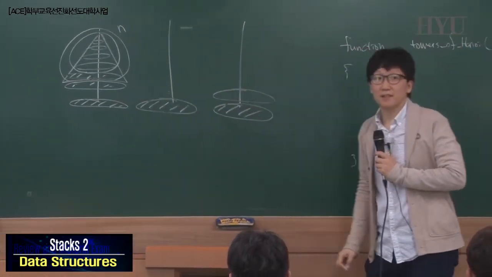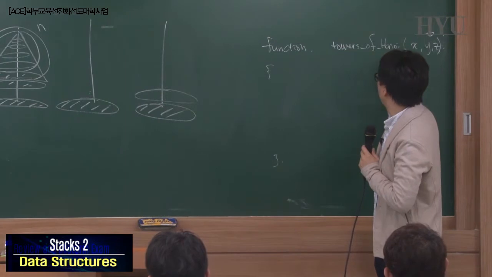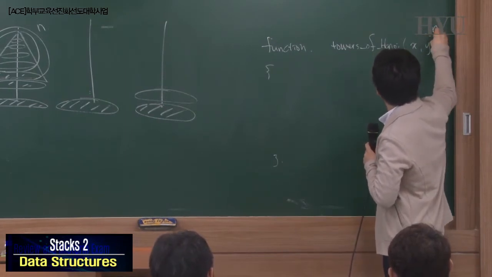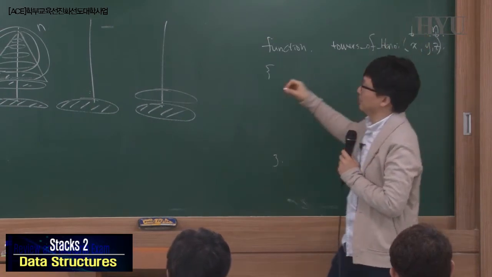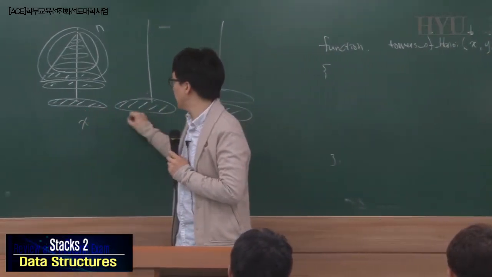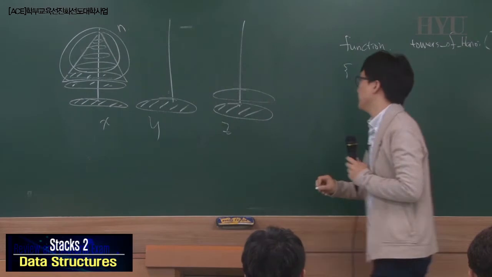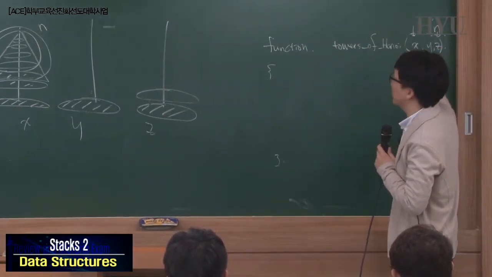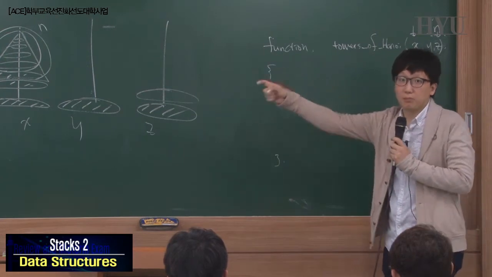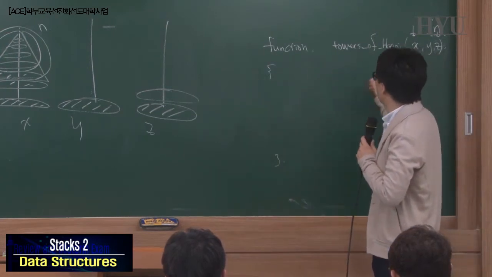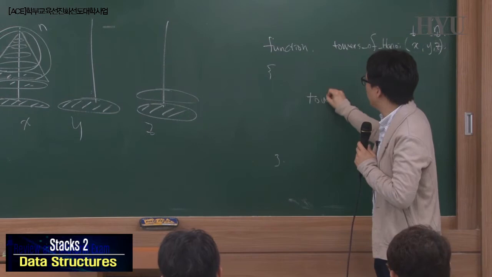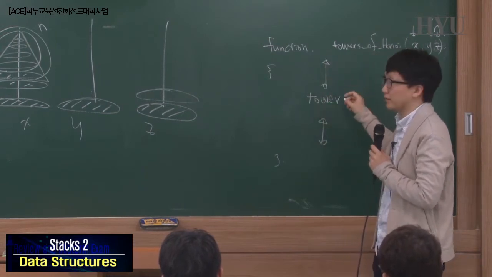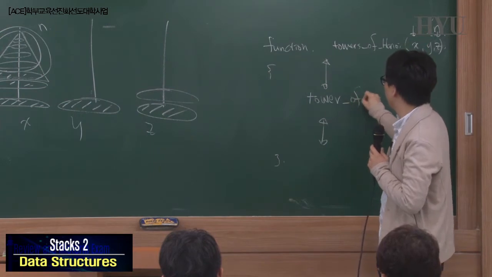I have n disks. This is maybe X, Y, Z. I give input, I give 2 stacks to solve this, move the disk around. So inside of this function, I do something in here, move something in here. Inside this function, I'm going to call myself again.